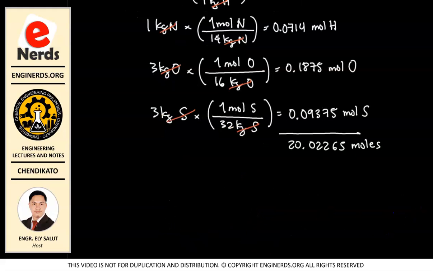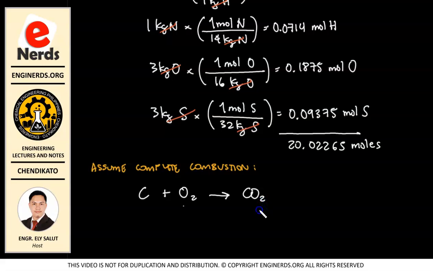As you know, whenever we are solving a combustion problem, we are always solving for the theoretical O2 or the theoretical air. So let us consider a complete combustion right now. When we say complete combustion, we mean that all of our carbon has been converted to CO2.